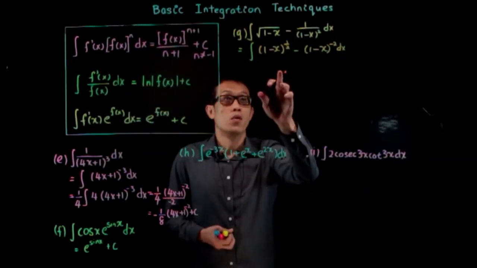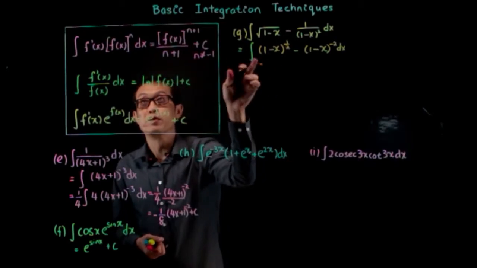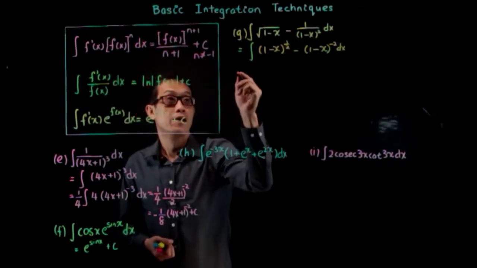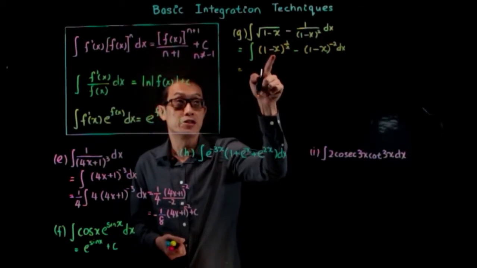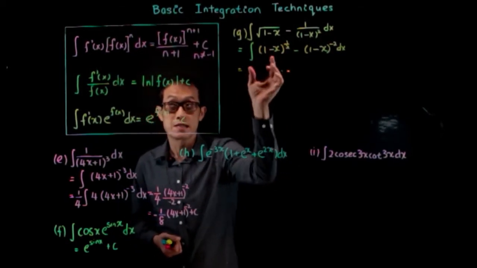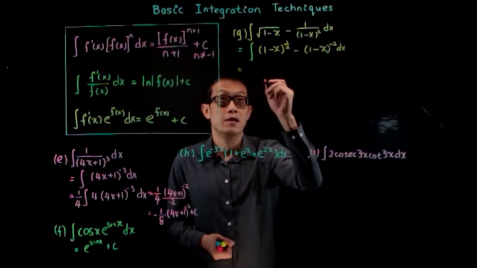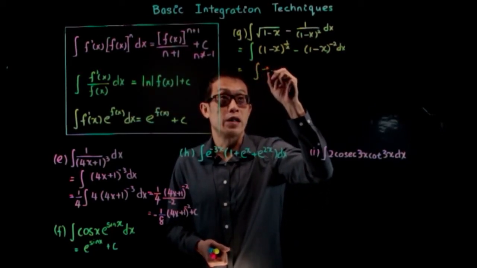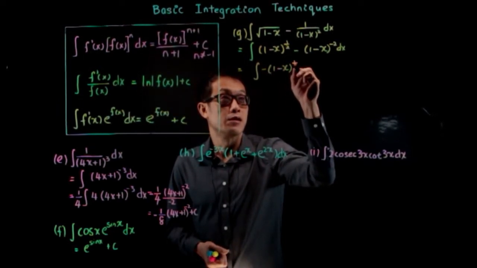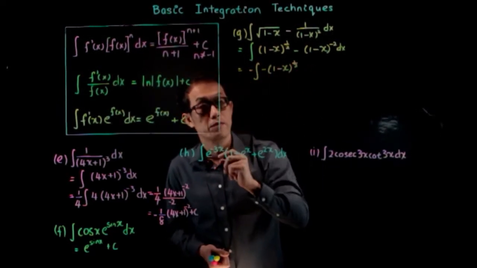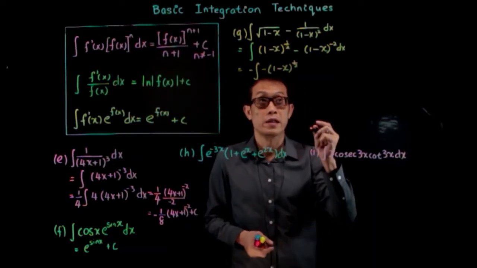Now, which one will you use? We will use this form. Alright, we need to make some adjustment. We must make sure that the outside is the differential of whatever is inside the bracket. So we make this minus 1. If we put this minus 1, you must multiply by minus 1.